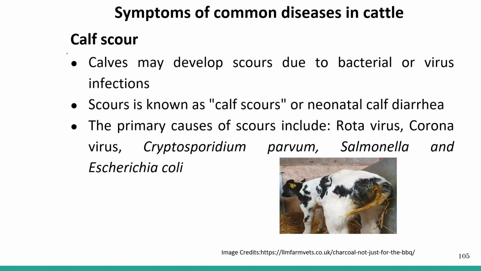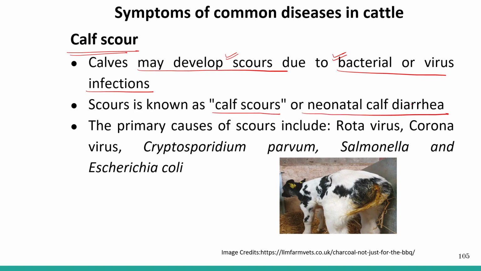Okay, so the next disease is calf scour. In this particular disease, the calves may develop scours due to bacterial or virus infection. Scours is also known as calf scours or neonatal calf diarrhea.